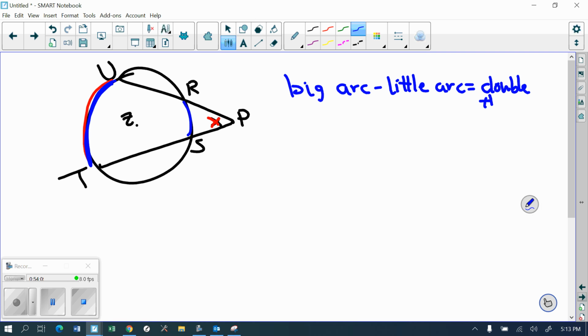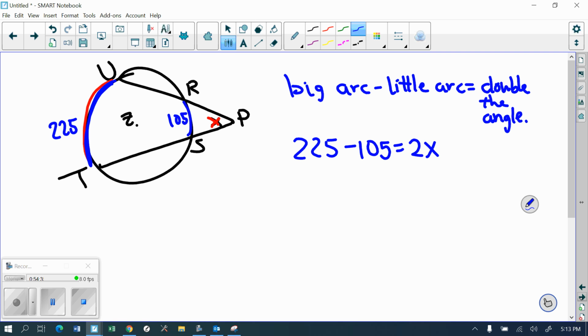Double the angle. So if I'm solving for x, I have to be given the big arc. Let's say it's 225, and this is 105 right there. That would mean I go big arc, 225, minus little arc, 105, equals double the angle, 2x.